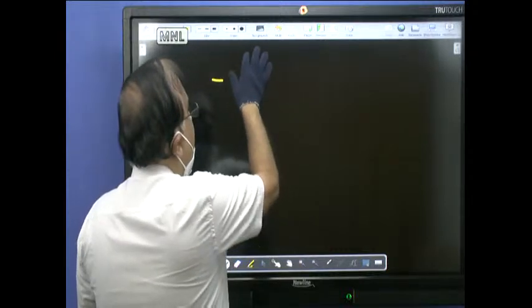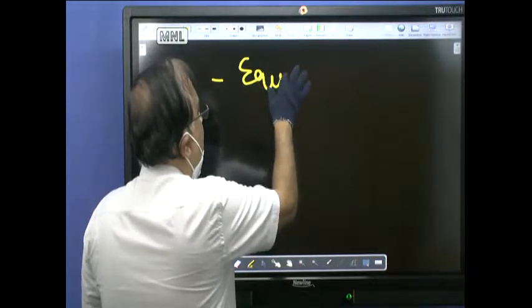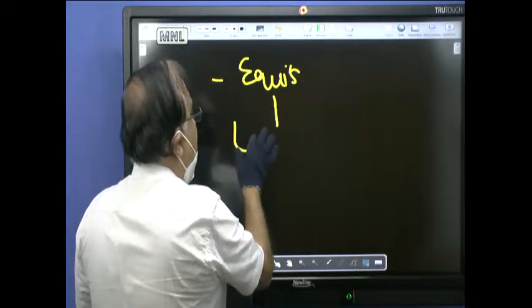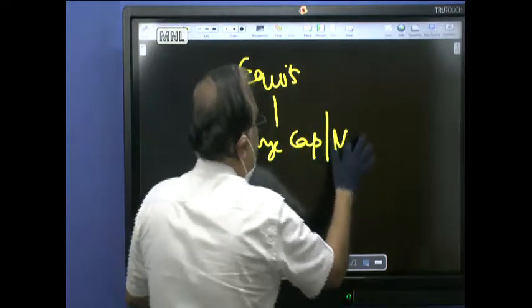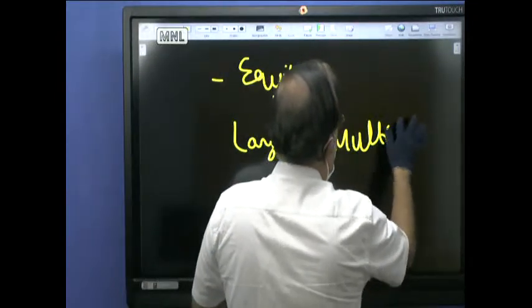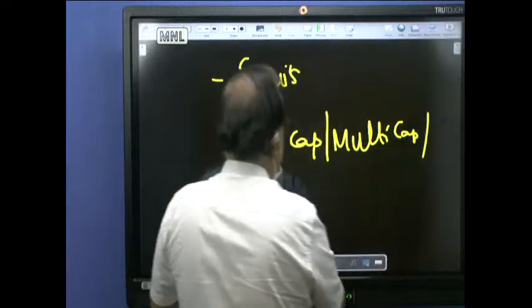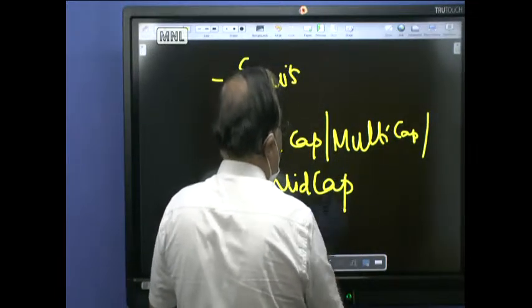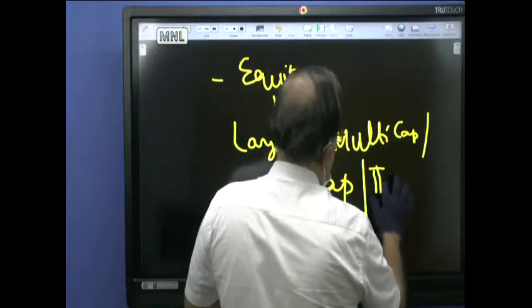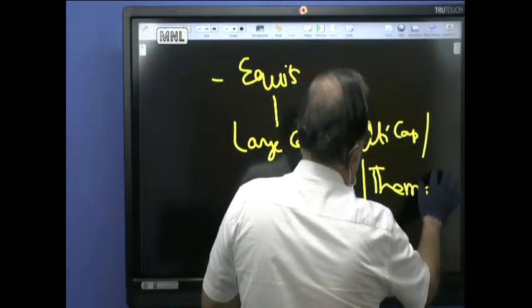We have got the equity funds. In equity funds, we have got large cap, then multi-cap, then mid-cap. These are different types of funds. Then there are also thematic funds. So these are some examples.